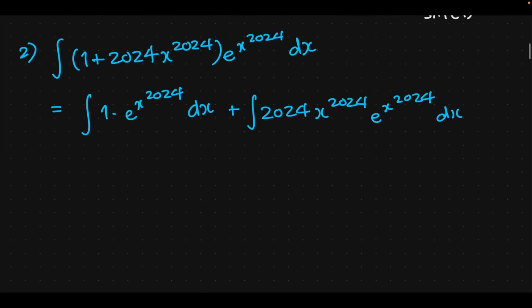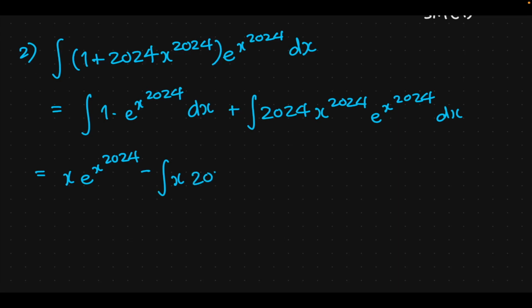And if you have sufficient mastery over derivatives, you will realize that if we do by parts on the first integral, we'll have to integrate the 1. So we get x e to the x to the 2024 minus integral x times now the derivative of the e to the x to the 2024.